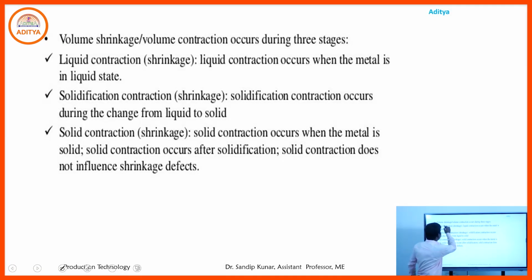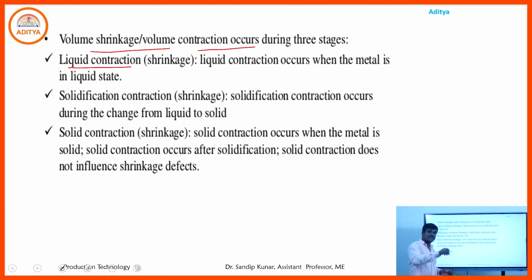Generally, volume shrinkage and volume contraction occur in three stages. First is liquid contraction, which occurs while the metal is in the liquid state, when we pour the molten metal into the mold cavity.